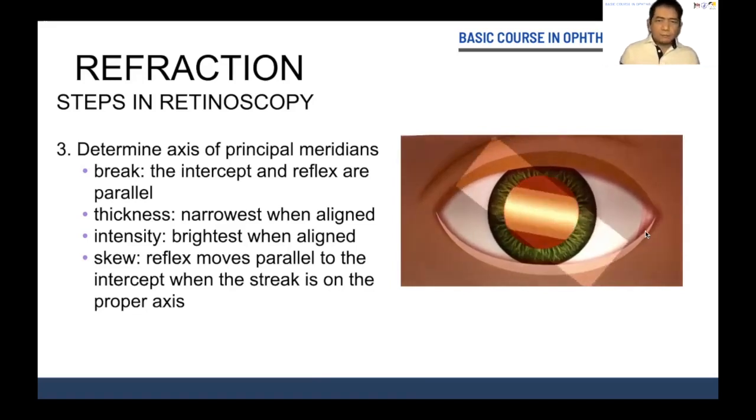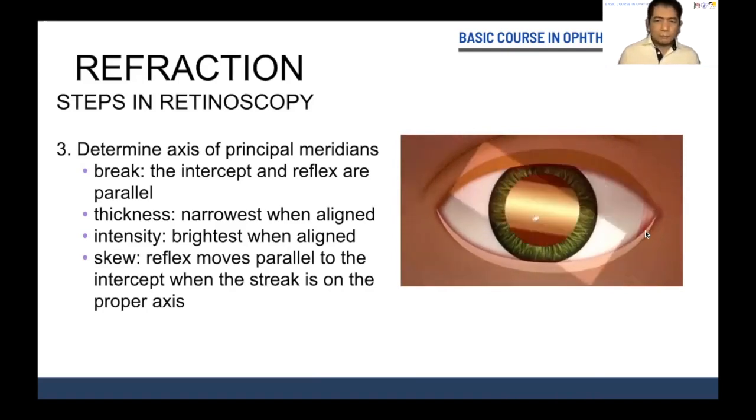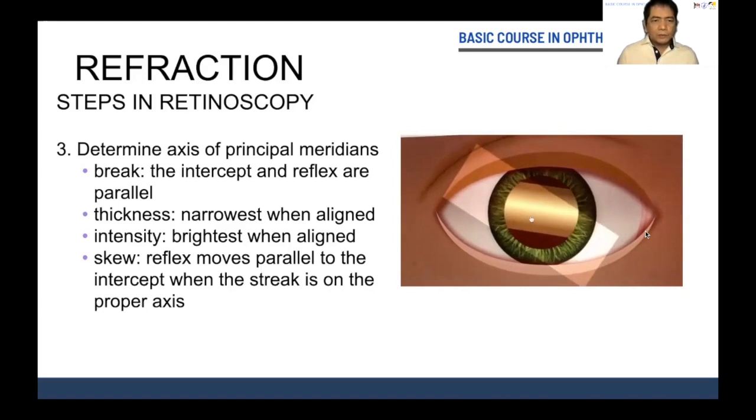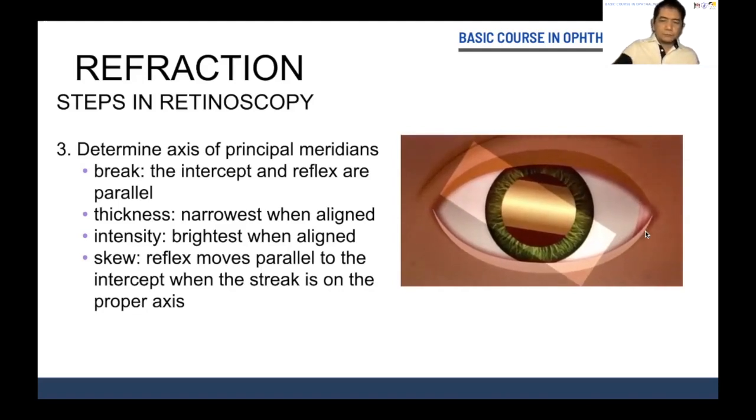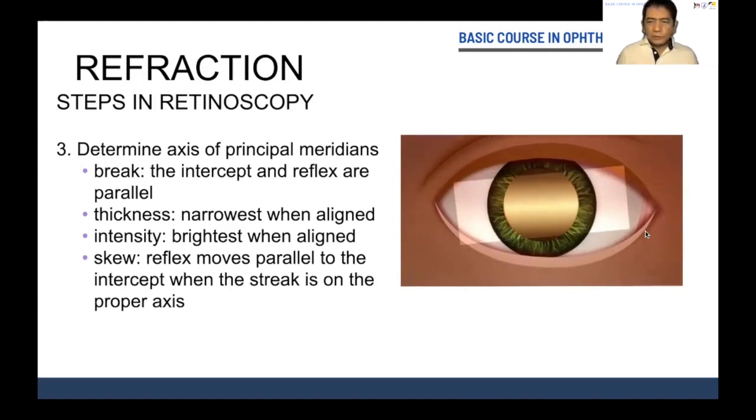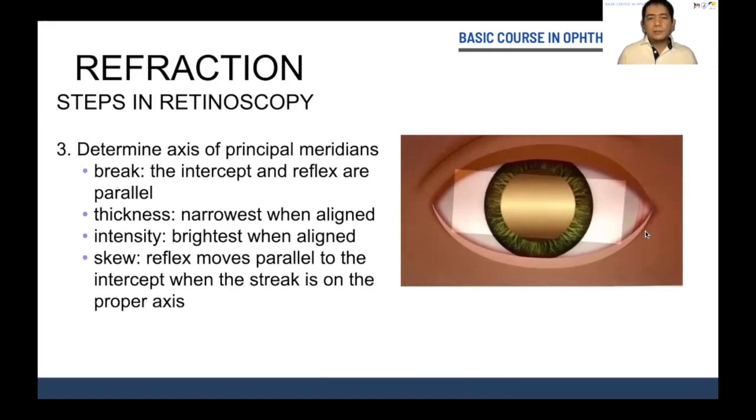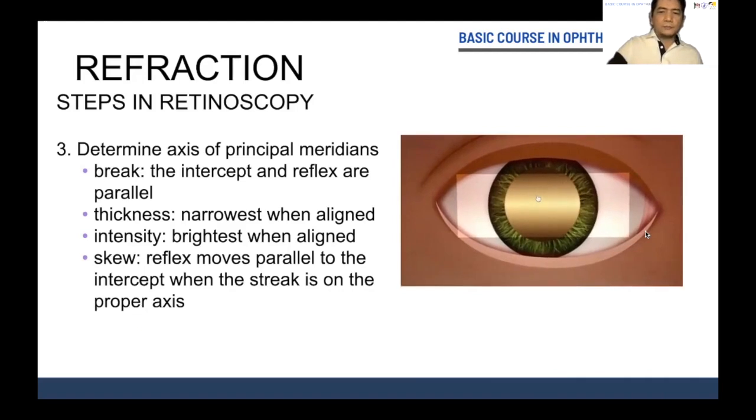The intercept and reflex should be positioned parallel. That is what we call break. So you just have to rotate the streak until you align the reflex and your streak.